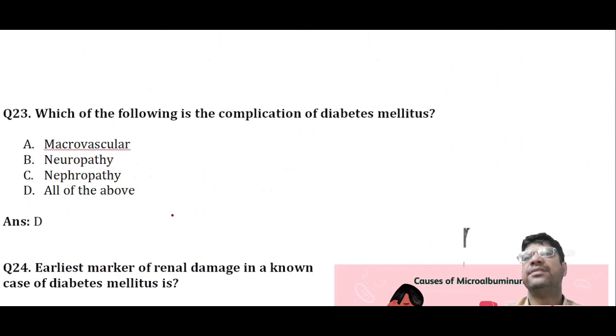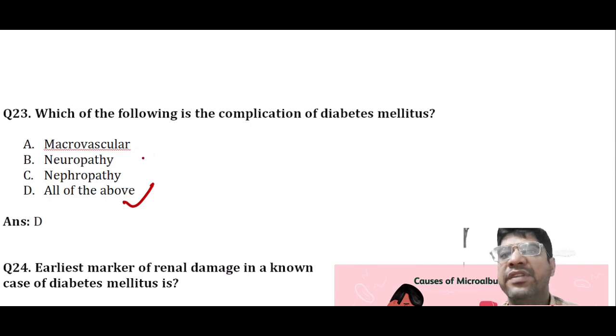Which of the following is a complication of diabetes? Well, the answer is all of the above. The macrovascular complications involve the large blood vessels, conditions like coronary heart disease, peripheral artery disease, and cerebrovascular disease.